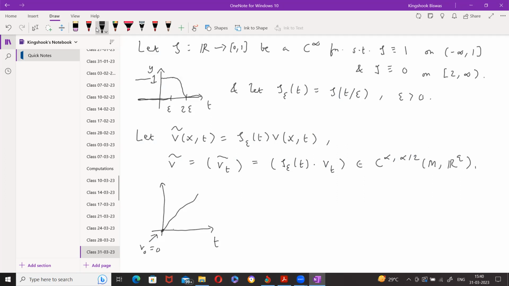So this is epsilon, 2 epsilon. I'm going to follow the same graph up to this time, and then I'll slowly multiply by something going to 0. Sorry, it's going down to 0, so it'll go down to 0 like this. So this is my Vt and this is my V tilde t.